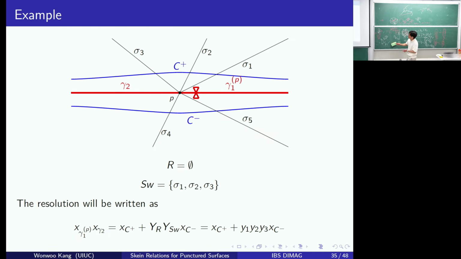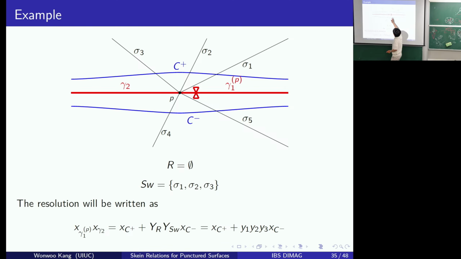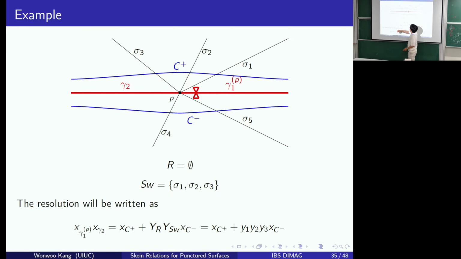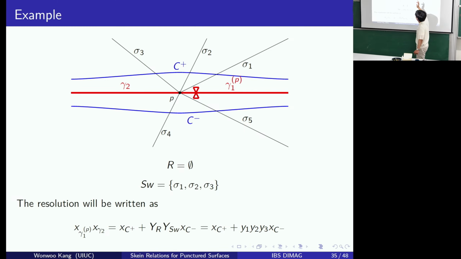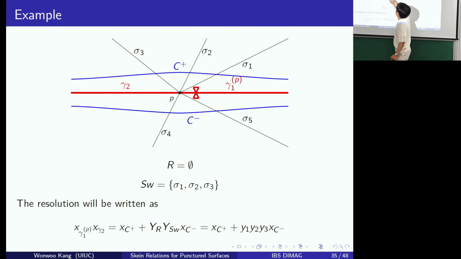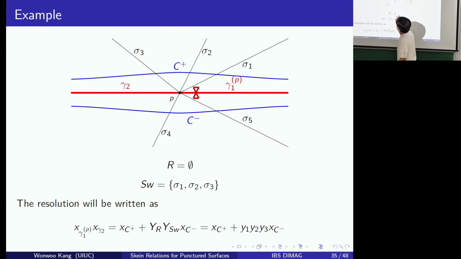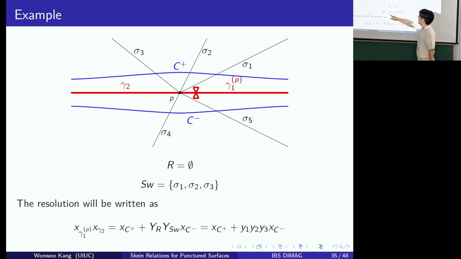So for example, in this case, this is gamma 1, gamma 2. And luckily, there's no arc that intersects both of them, right? There's no arc like this. So R is going to be the empty set. However, if I sweep this up until gamma 2, it crosses 1, 2, 3, right? So the SW set is going to be sigma 1, sigma 2, and sigma 3.